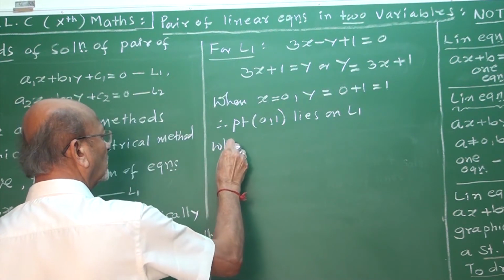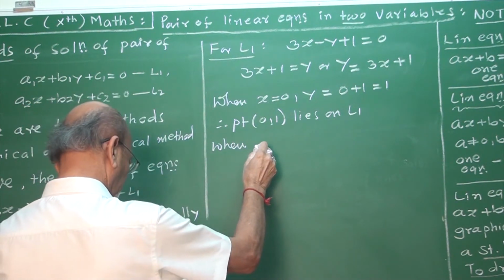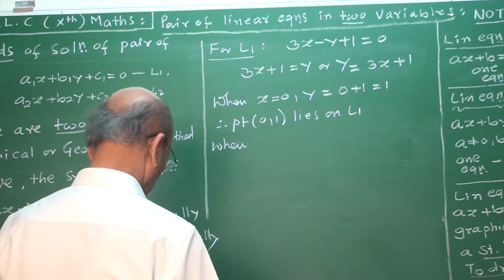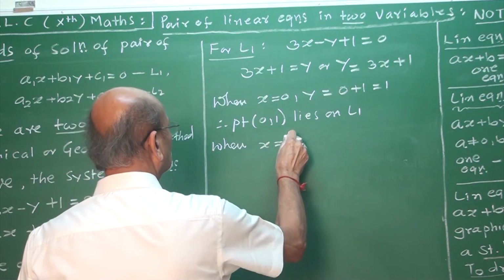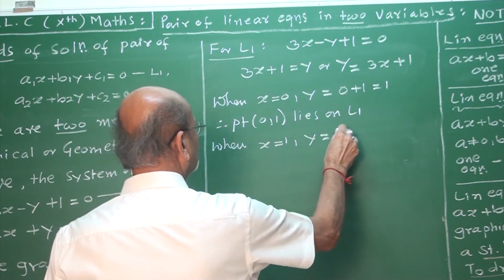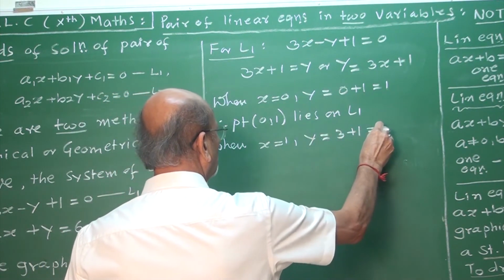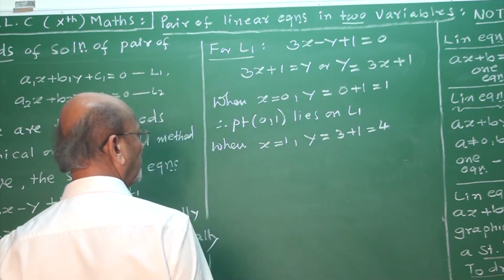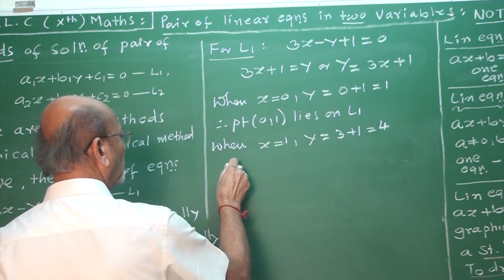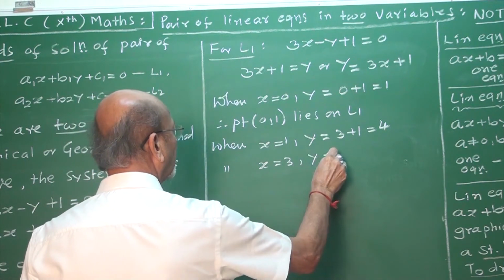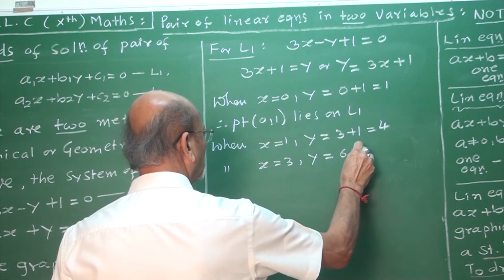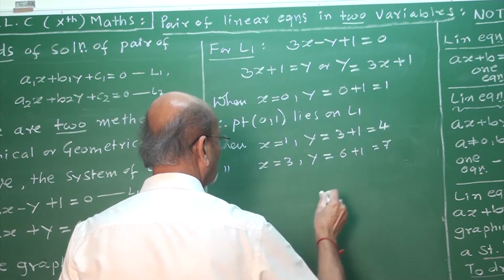Similarly, when x is 1, what about y? It is 3 into 1 plus 1, which is 4. Therefore, the second point is (1, 4). When x equal to 2 or 3, you can take. What about y? 3 into 2 is 6, plus 1, which is 7.